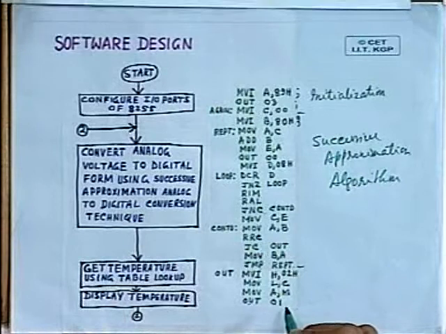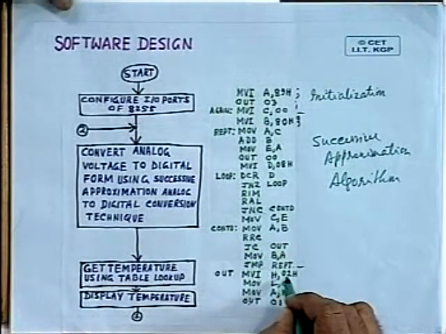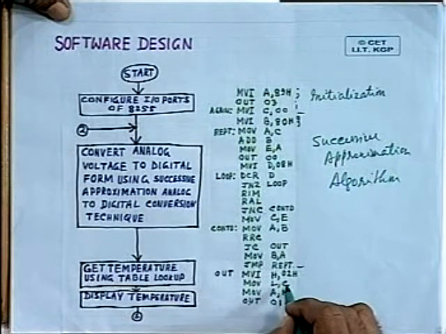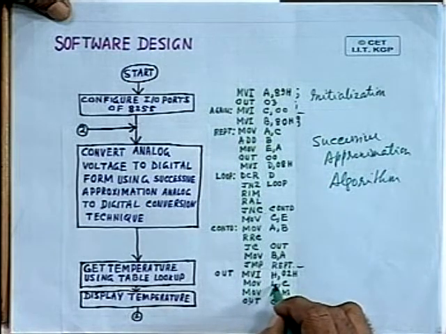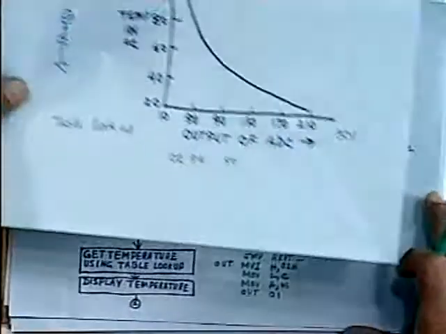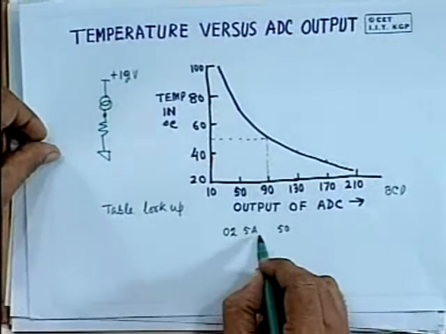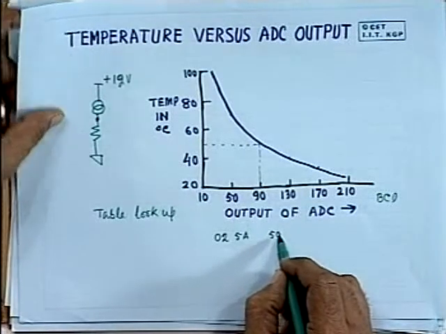As you can see here, we are loading the H register with 02, and the L register we are loading with the value of C, which is holding the digital data corresponding to the analog voltage. Then you are reading the data which is stored in memory location 025A. That is the temperature you are getting in degree centigrade.